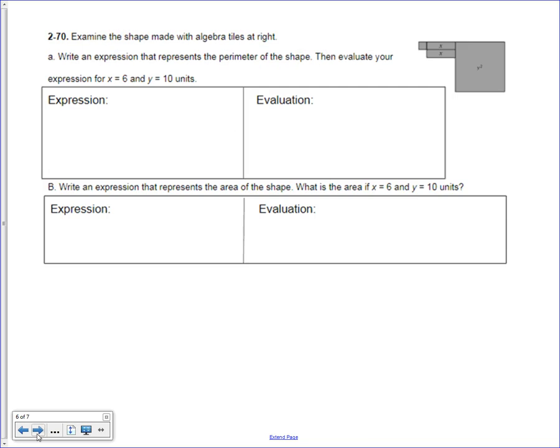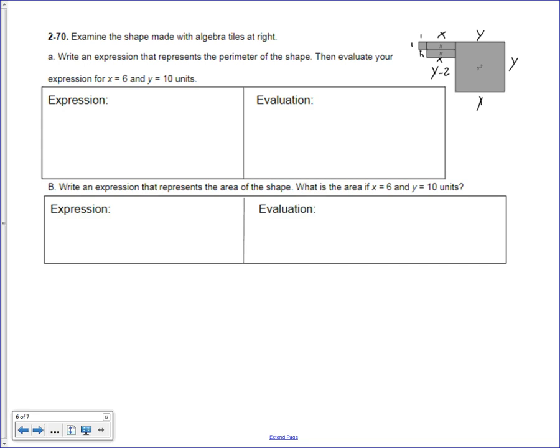Problem 70, it says examine the shape with algebra tiles at right. Write an expression that represents the perimeter of the shape. Then evaluate the expression for x equals 6, y equals 10. For the perimeter, I'm going to label all my sides. So I have 1 here, 1, x, y, y, y. This is y minus 2, x, 1, and 1.